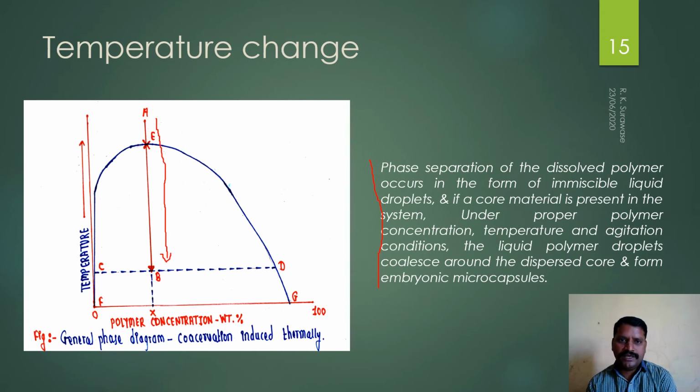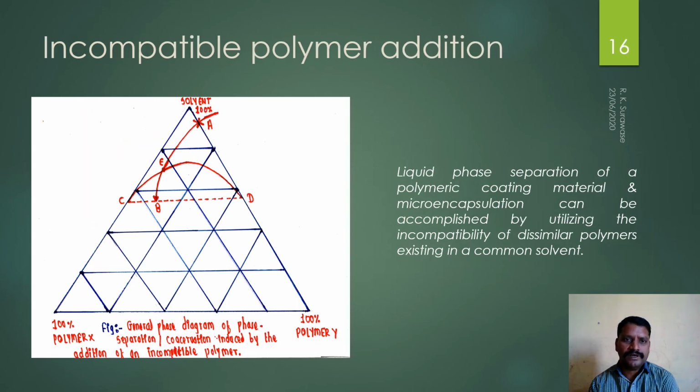So this is the temperature change approach for the formation of microcapsules by the coacervation method. Second one is the incompatible polymer addition. As I said, the name itself indicates that the incompatible polymer addition means the two polymer X.